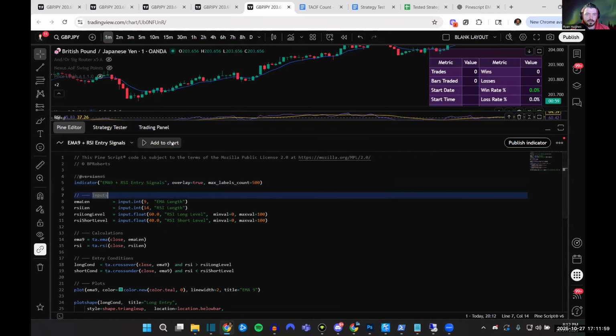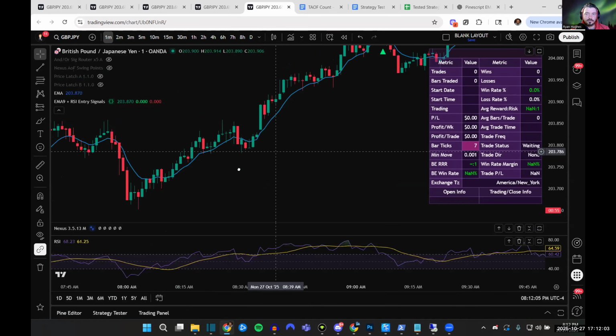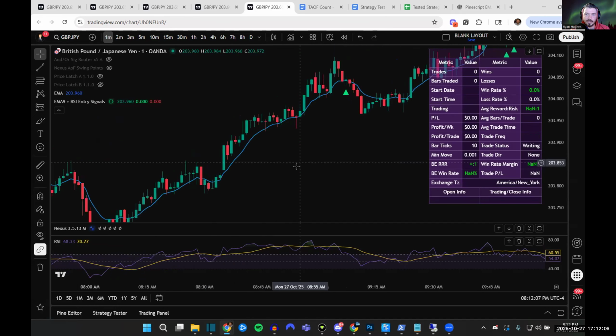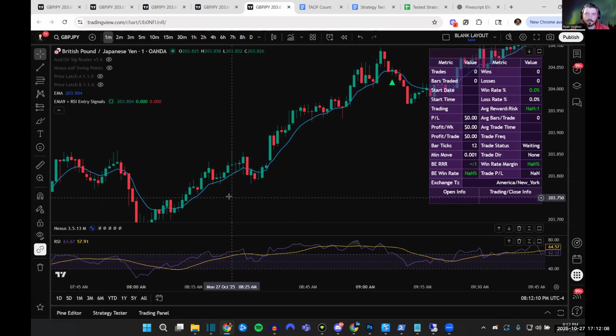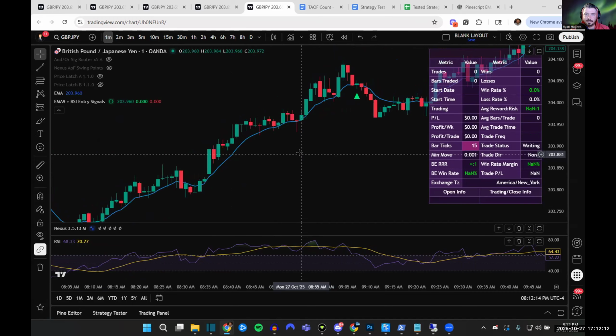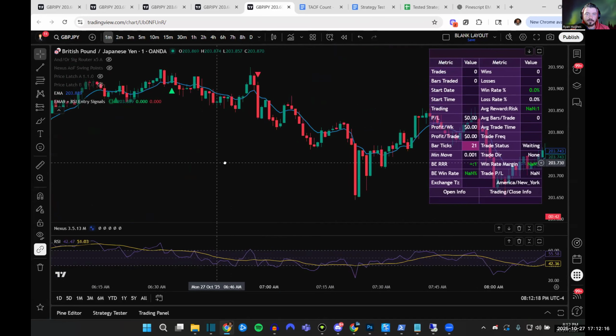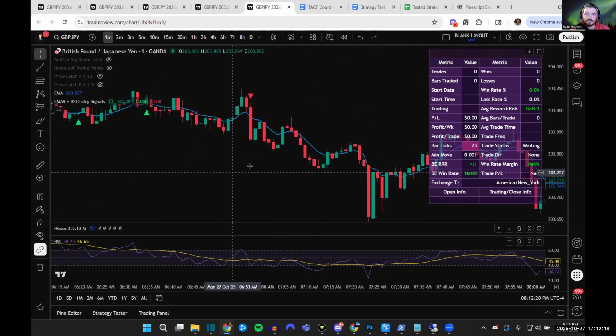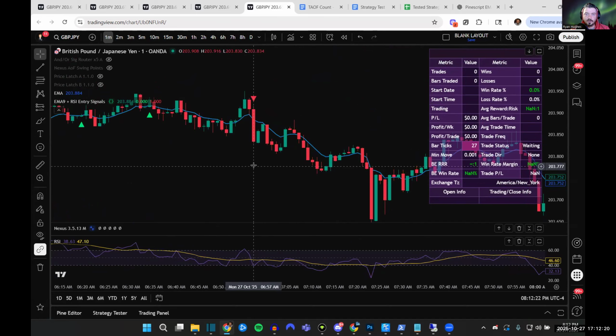I'm just going to save, and add to chart. Then I'm going to minimize that little screen. And now I'm going to look at what ChatGPT has given me, and see if the logic that I gave it lines up with what it has given me here.